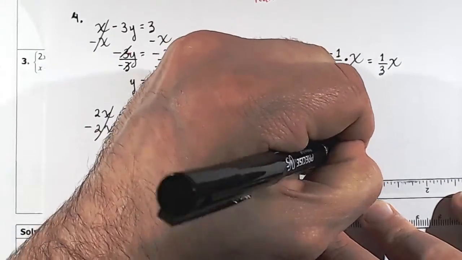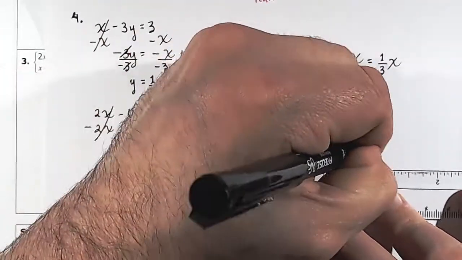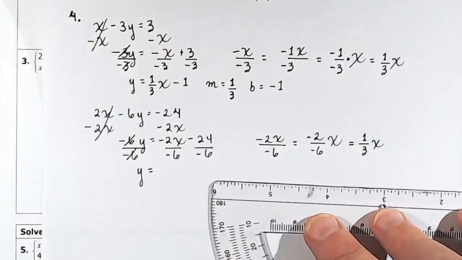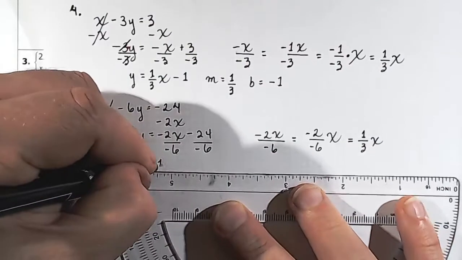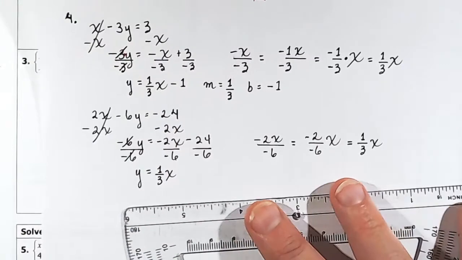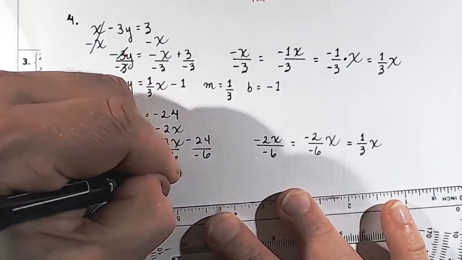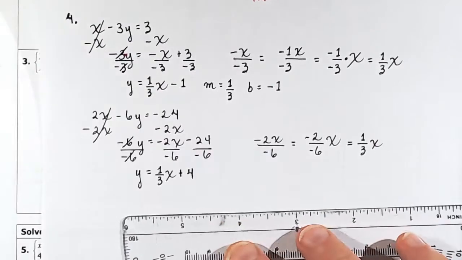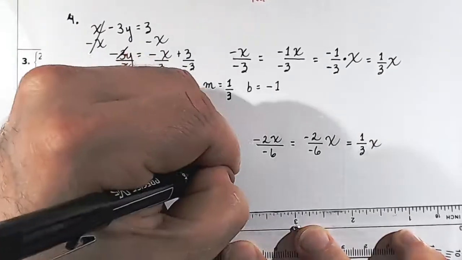So what this boils down to is 1 over 3x. All right, so let's bring that back here. 1 over 3x. And now I have negative 24 divided by negative 6. Well, a negative divided by a negative is a positive, and 24 divided by 6 is 4. So I write plus 4. Therefore, my slope, m, is equal to 1 over 3.